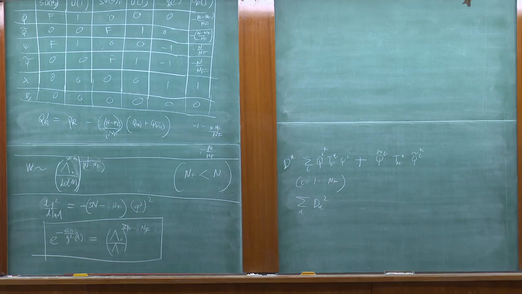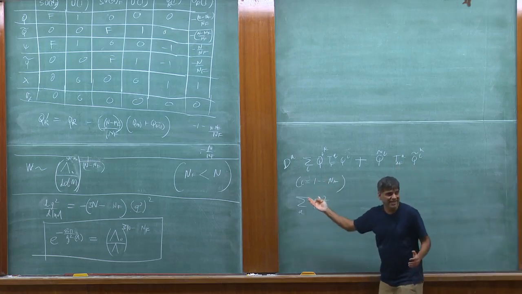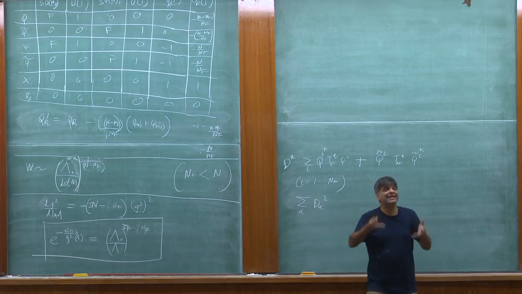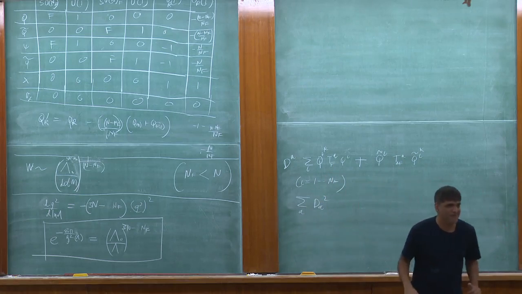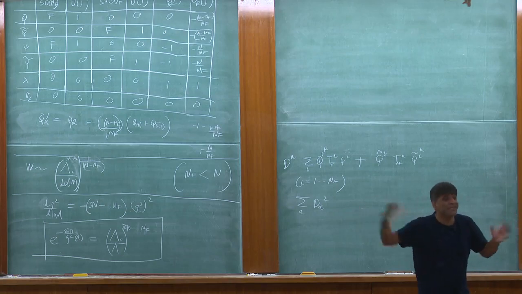Okay? The net thing that I want to say is this, that even though the actual form of the potential can get renormalized, it will always be a quadratic form in D^A's. That you can just see from very general grounds. Okay?